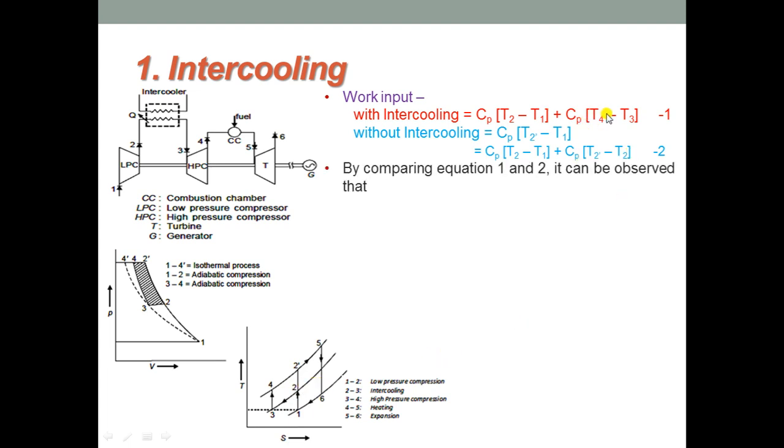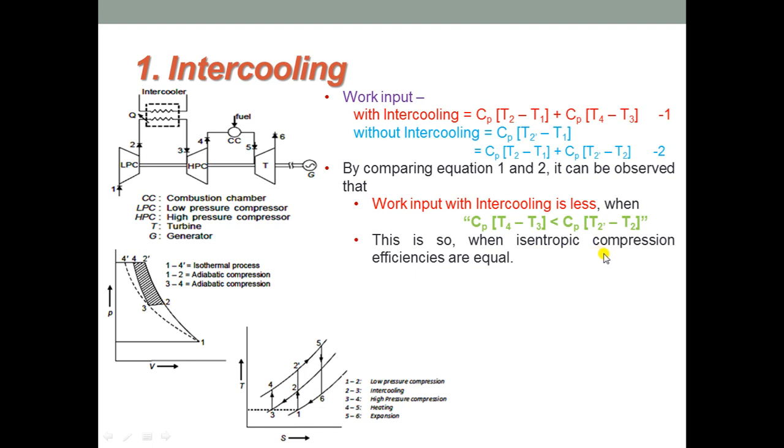By comparing equation 1 and equation 2, it can be observed that work input with intercooling is less when Cp into T4 minus T3 is less than Cp into T2 dash minus T2. This is so when isentropic efficiencies of both the compressors are equal. Heat supplied with intercooling can be written as Cp into T5 minus T4.